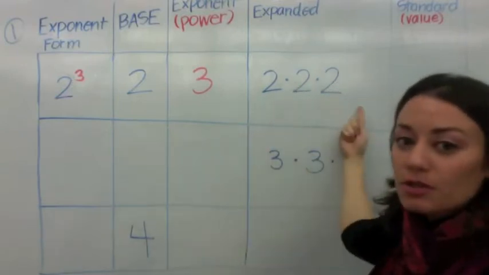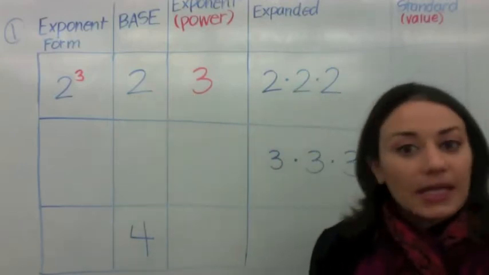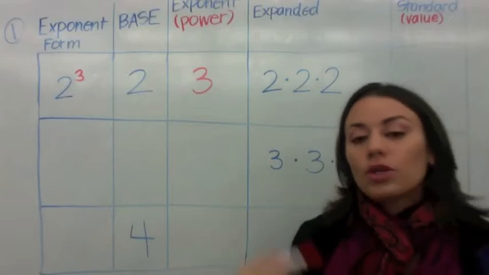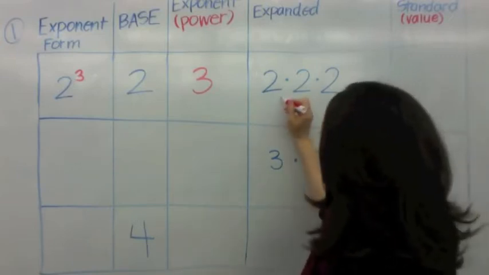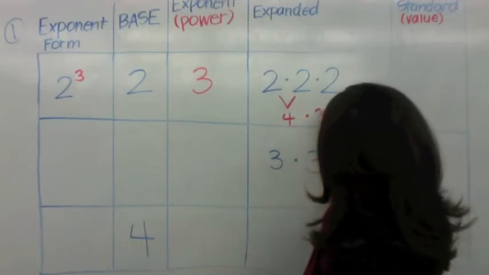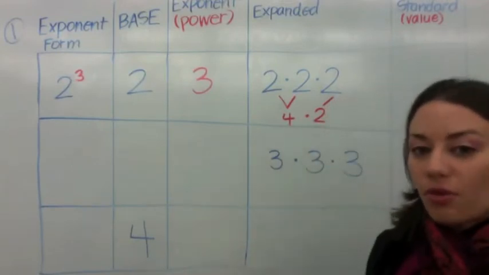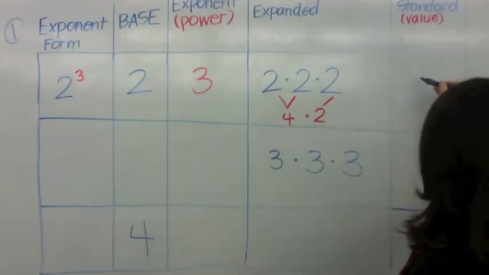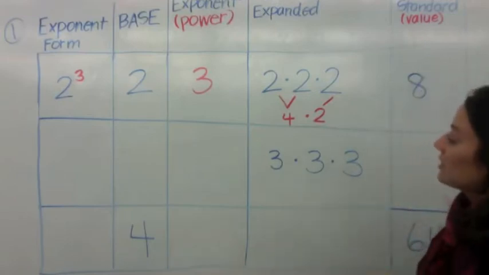So you have 2 multiplied by itself 3 times. Does that make sense? That is not 6. When you're multiplying more than one number, you have to use a V. So you say, well, 2 times 2 is 4, but then you have to bring down the other 2. So what is 4 times 2? 4 times 2 is 8. Okay, so 2 cubed is 8.